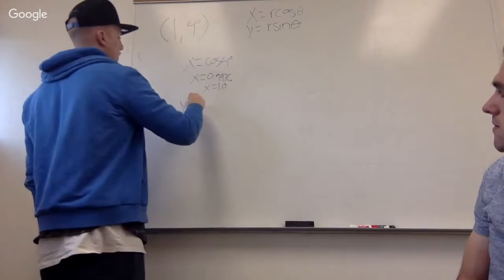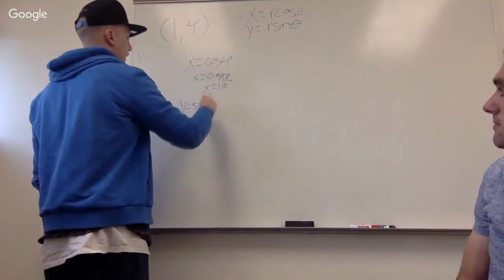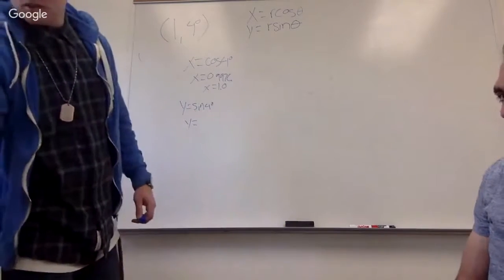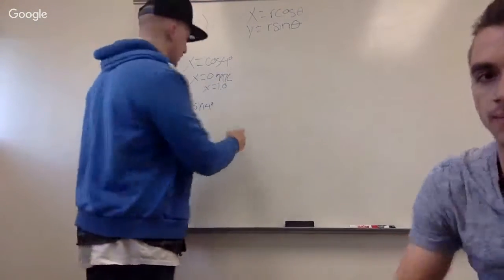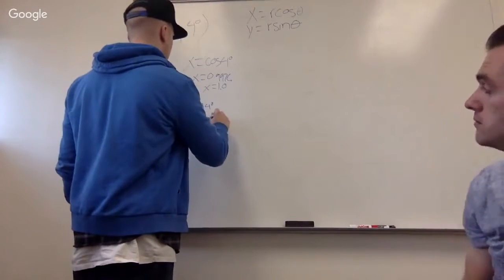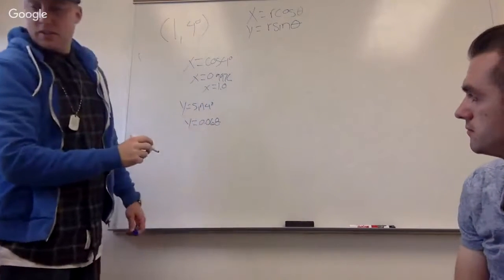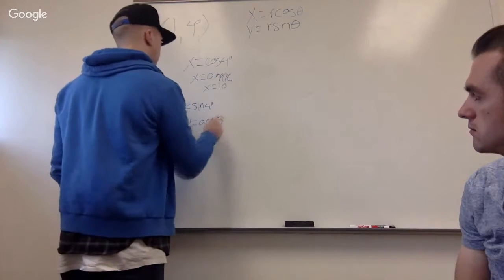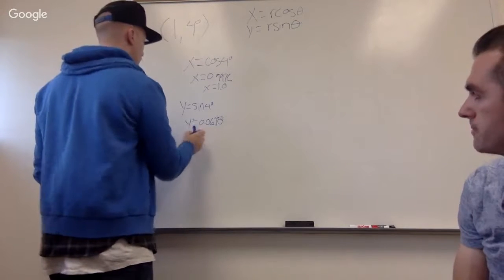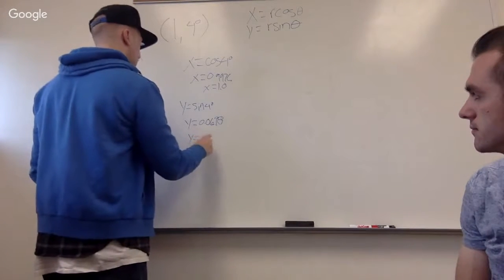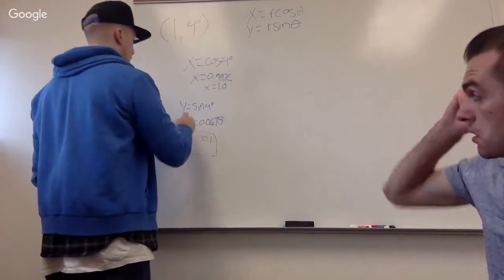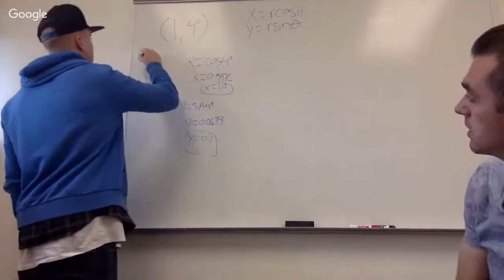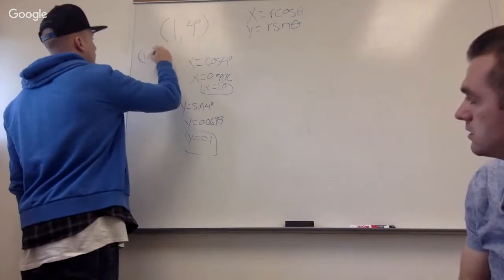We come over, y equals sine of 4 degrees, and we get y equals 0.0698, and we round it, you get y equals 0.1. So the points, then, if we had to put them in rectangle, would be 1.0 and 0.1.